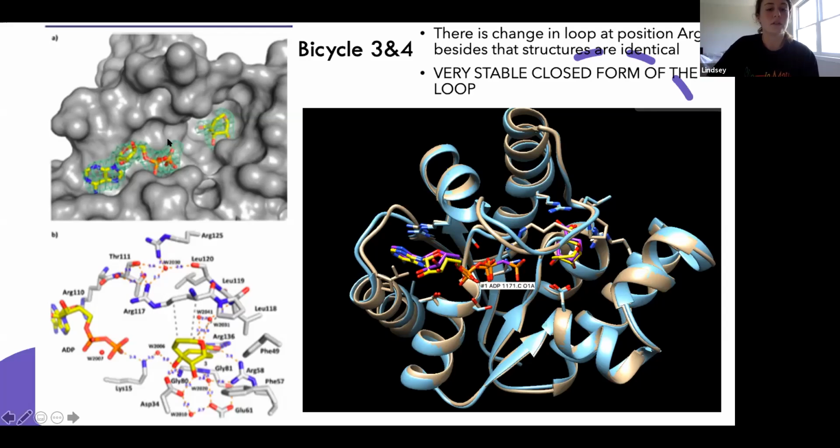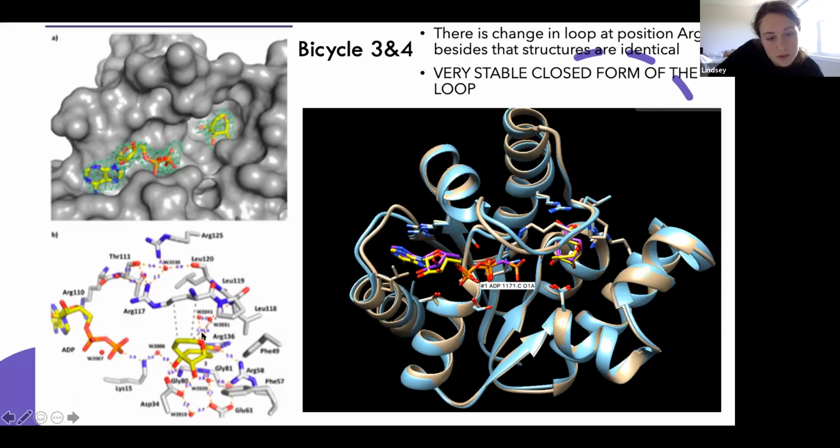Over here, you can see the inhibitor bound to the enzyme, and you can see ADP bound to the enzyme as well. They have their own pockets that they sit in, which is important for determining an inhibitor. Right here you can see some of the key interactions. I know it's a little blurry, but these are 2 water molecules, and this is arginine 136.